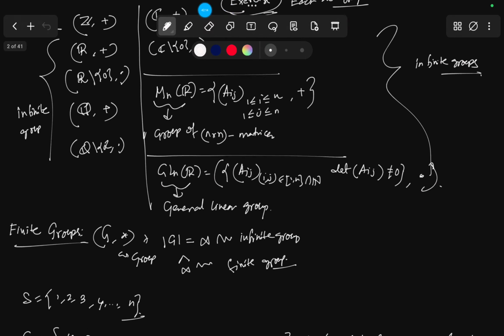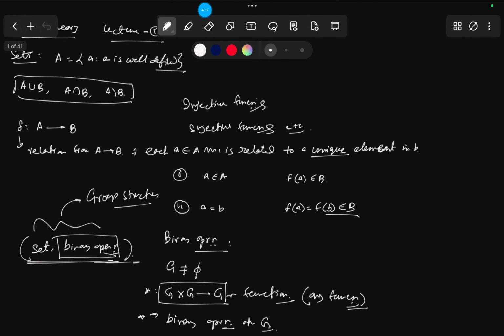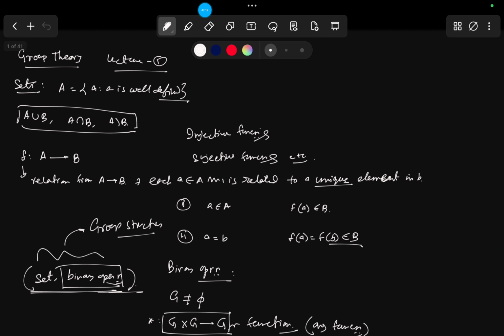Okay, so far we have given some basic definitions of groups as well as some examples of finite and infinite groups, and I should mention some useful materials that we'll be following throughout the course. I request you to have a quick brush up on preliminary stuff like sets and functions, bijective maps, injective maps, etc. We will be basically following the books by Herstein and Hungerford.